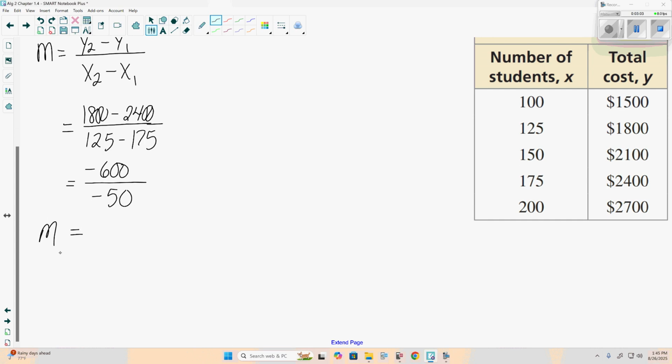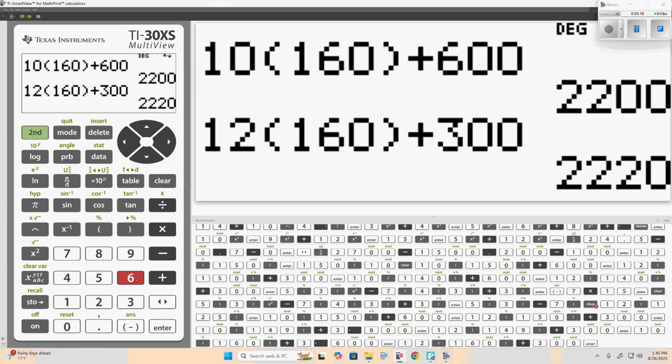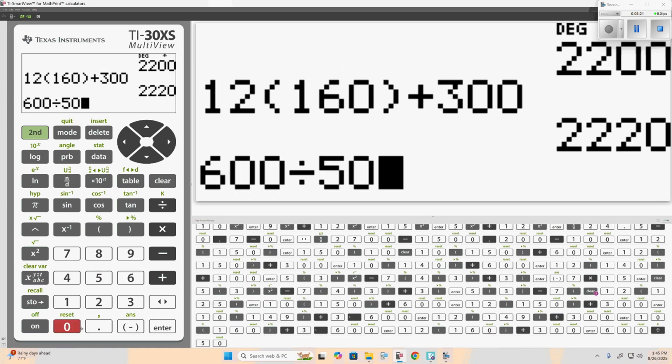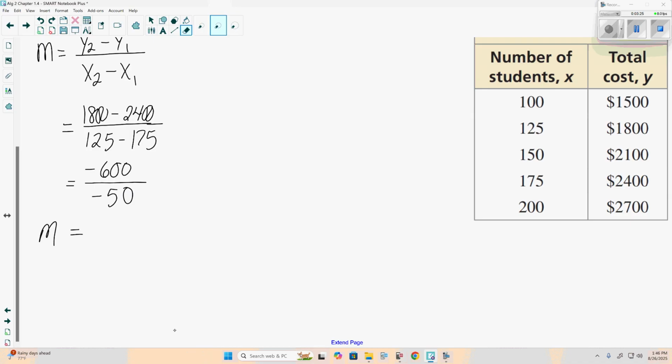And now we've got to divide 600 by 50, yes? But really we could say they both have a 0, same as 60 divided by 50. 600 divided by 50 is 12. So the slope is 12.